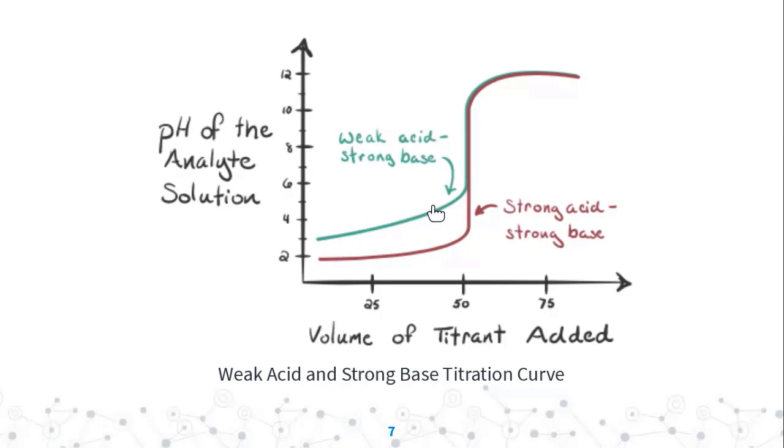From here to about the equivalence point, we have an area called the buffer region. It mitigates the changes, so there's less of a drastic change as you go up, compared to the really drastic change here. These are important for processes in our body. Our blood has a buffer system.